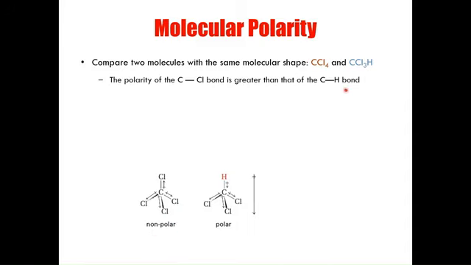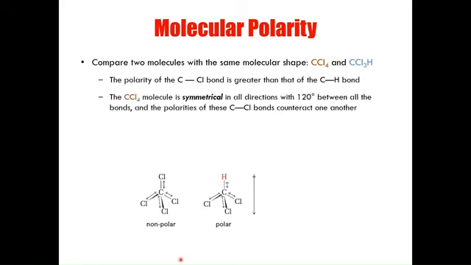A carbon-hydrogen bond, on the other hand, is nonpolar because the difference in electronegativity is 0.4. And so trichloromethane has 3 polar bonds and 1 nonpolar bond and is polar. So how do we make sense of this? Well, the major difference between these two compounds is really their symmetry. One compound is symmetrical while the other is asymmetrical.